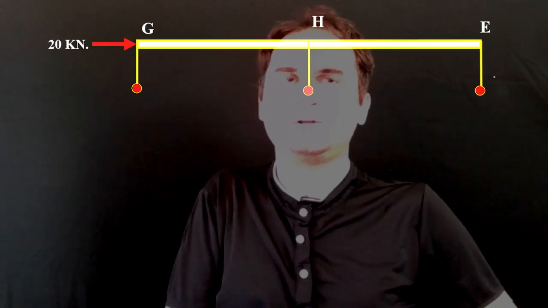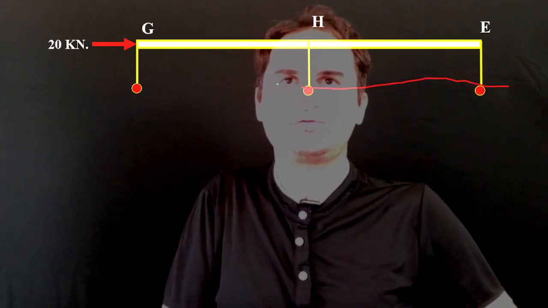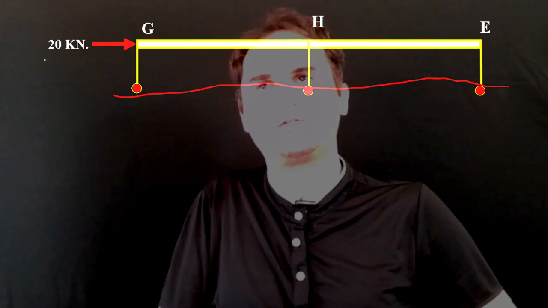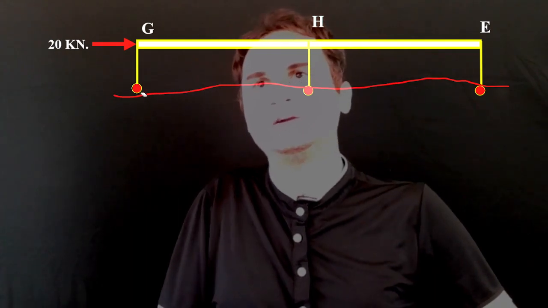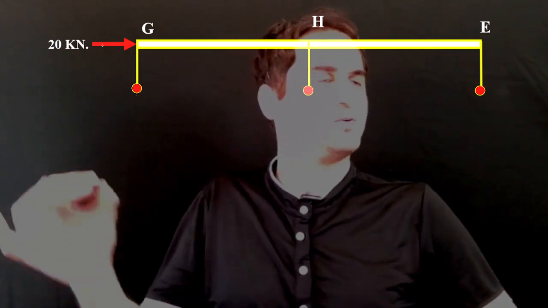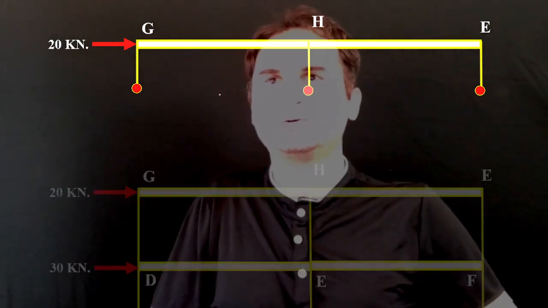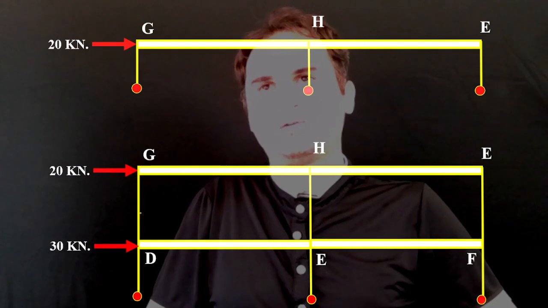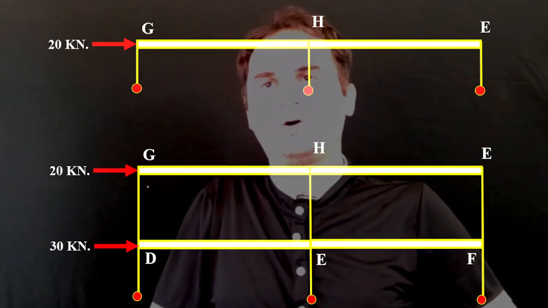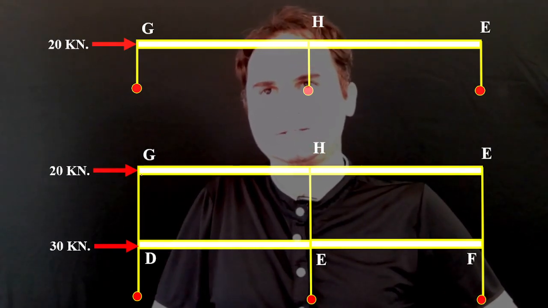So for example, if we cut the structure halfway through from the top, from the roof, we have a 20 kilonewton horizontal force applied to the structure. This is the top part and this is the overall part.